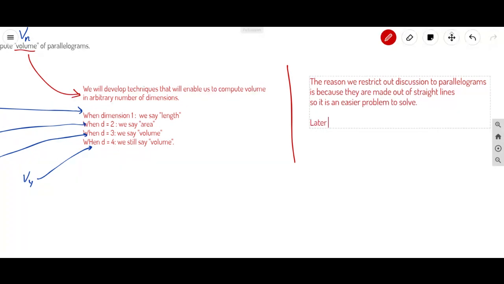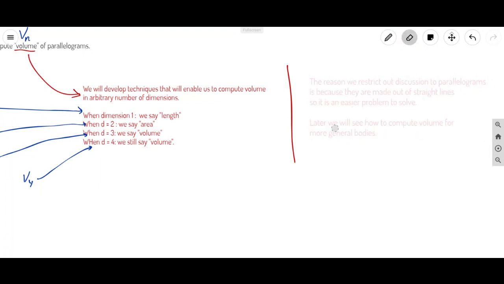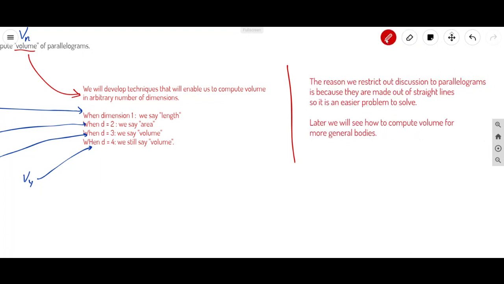Later we will see how to compute volume for more general bodies. It makes sense to keep the problem a lot simpler. After all, linear algebra is related to the word line, so it only makes sense that we'll be talking about straight lines, and that's why we're going to confine ourselves to parallelograms.